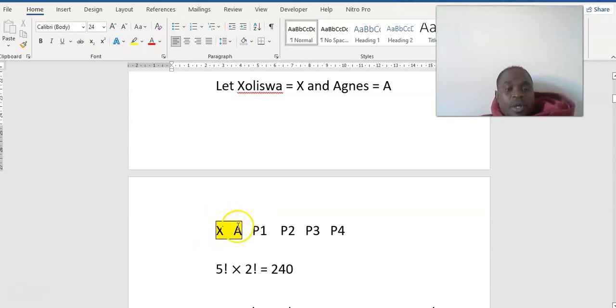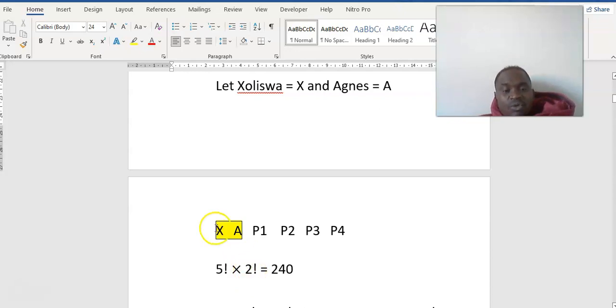So here we count 1, 2, 3, 4, 5. It's 5 factorial. And Koliswa and Agnes may swap: Koliswa may come first and Agnes second, or Agnes first and Koliswa second. So that one is going to be 2 factorial.